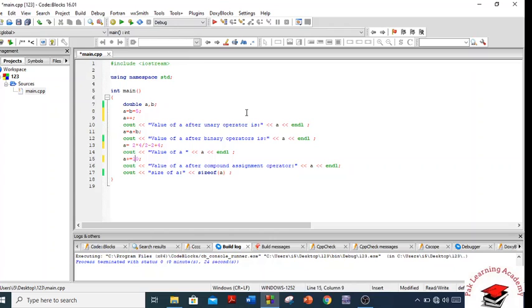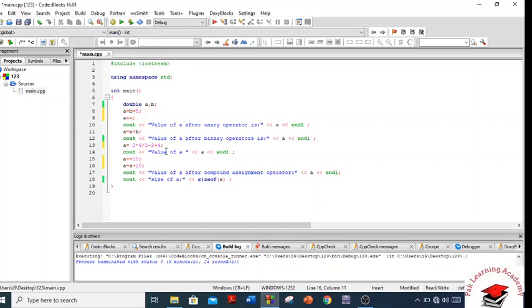Like here, the plus and equal means a is equal to a plus 10. In simple words, line number 15 means line number 16: add the value of a with 10 and store the value in a.